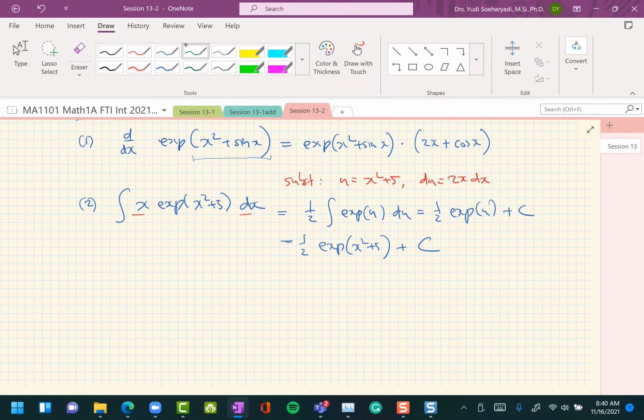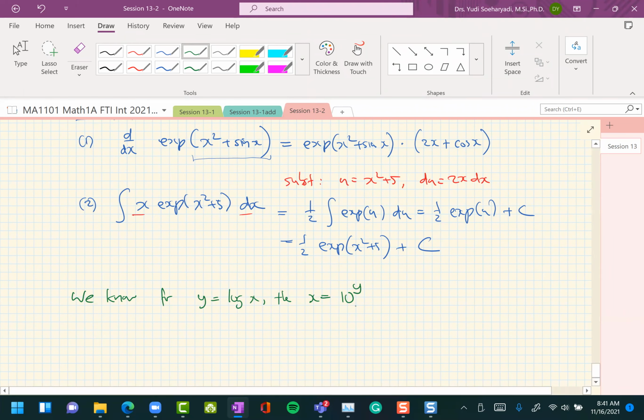Actually, we know for y equals, say, log base 10 of x, then x is expressed as 10 to the y.